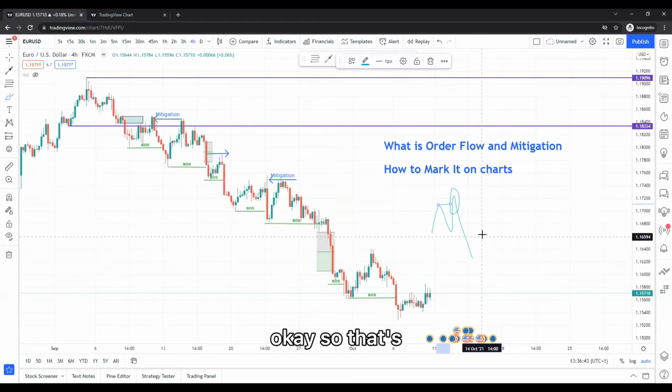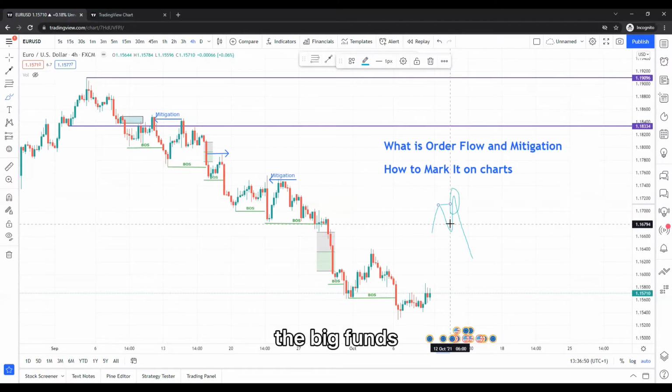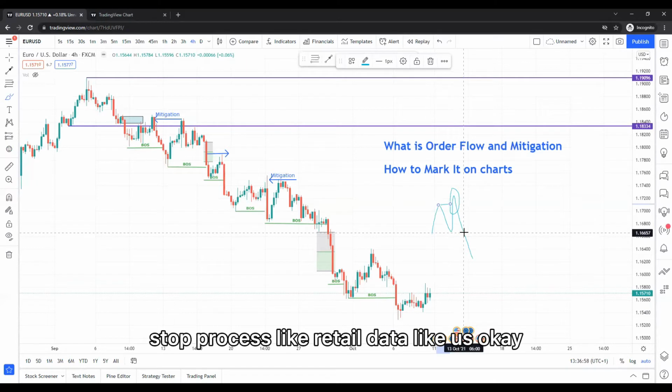The big funds don't use stop losses, because they have a lot of access to capital. They don't need to use stop losses like retail traders like us.